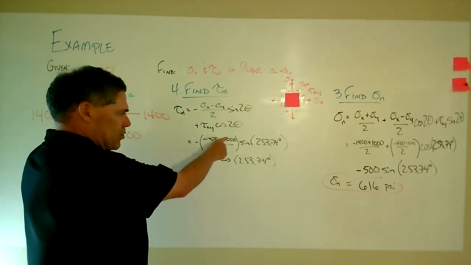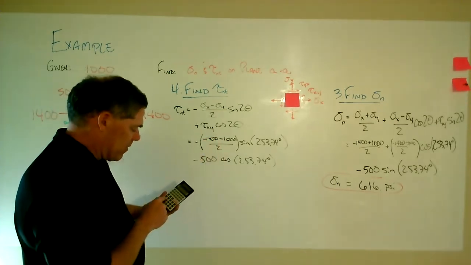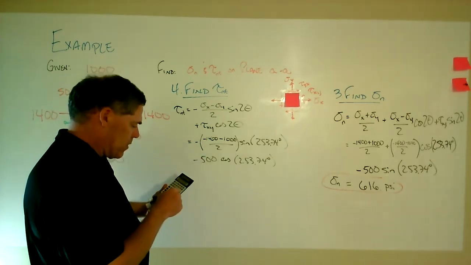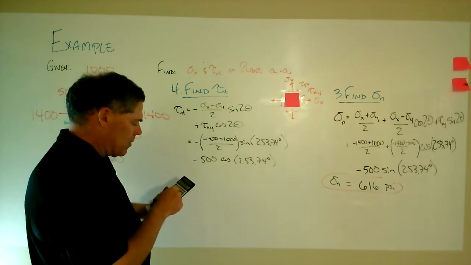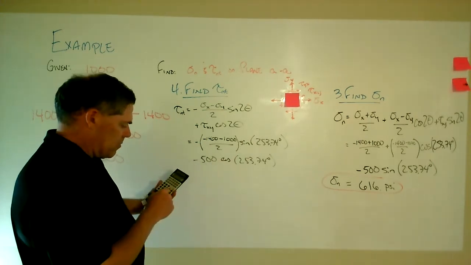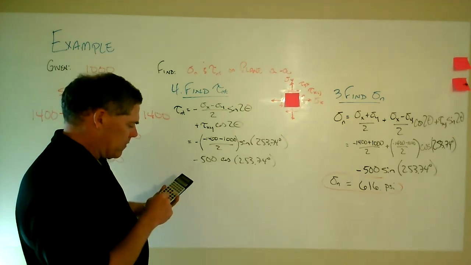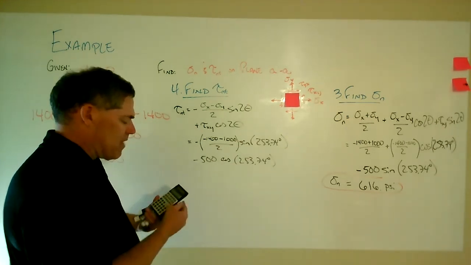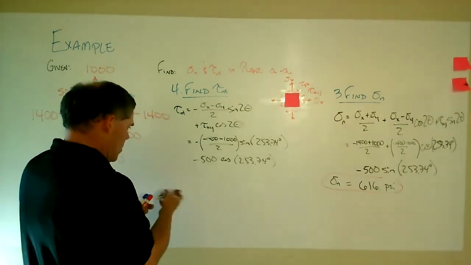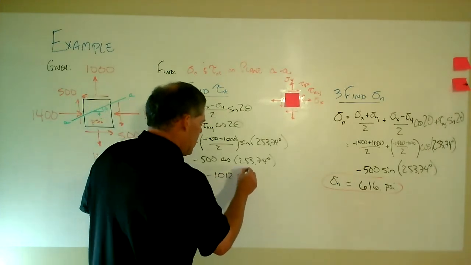We've got minus 2400, that's divided by 2, minus times a minus, so that becomes a positive 1200 times sine of 253.74, and then minus this business, minus 500 times cosine of that angle, and we get a minus 1012. So tau equals a minus 1012 psi.